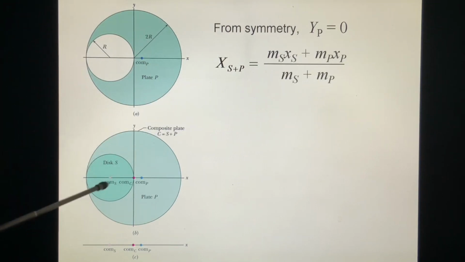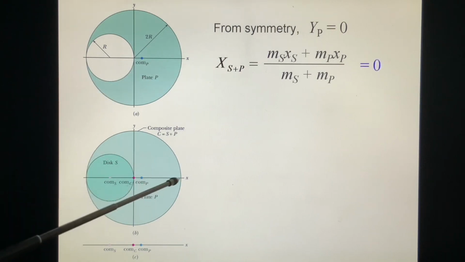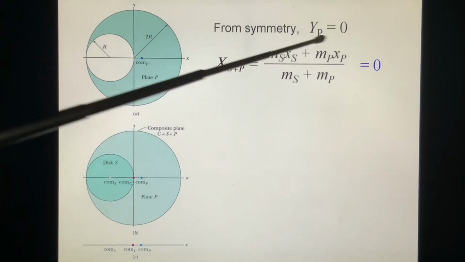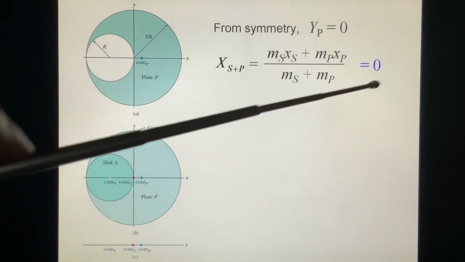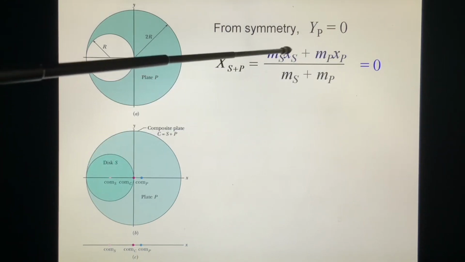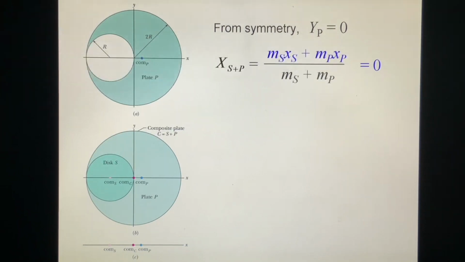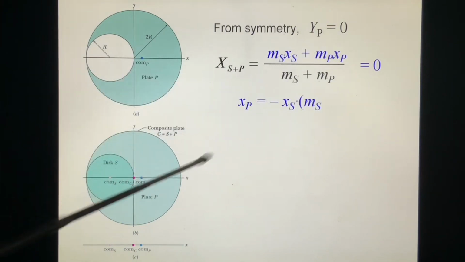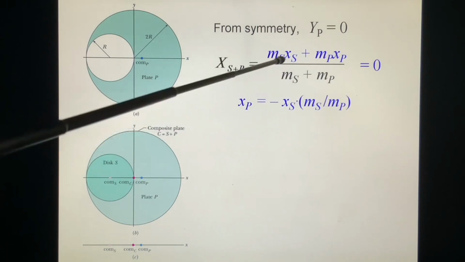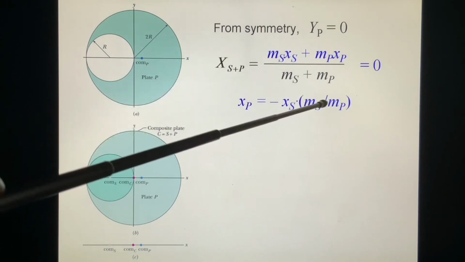Here we call this one the small piece S, and this is the plate P. This must be 0, because I take the reference at this point. Then the numerator must be 0, so I get m_S x_S plus m_P x_P equal to 0. So x_P, the location I want to find, is minus m_S x_S over m_P.